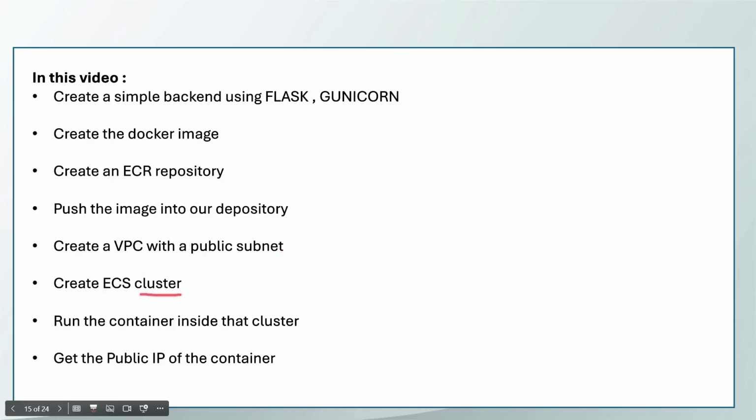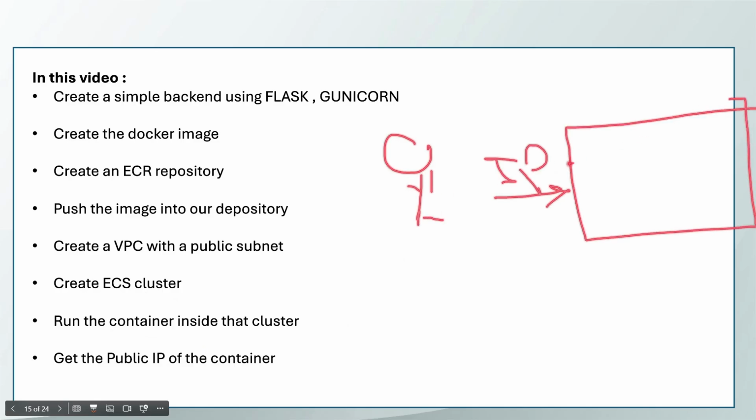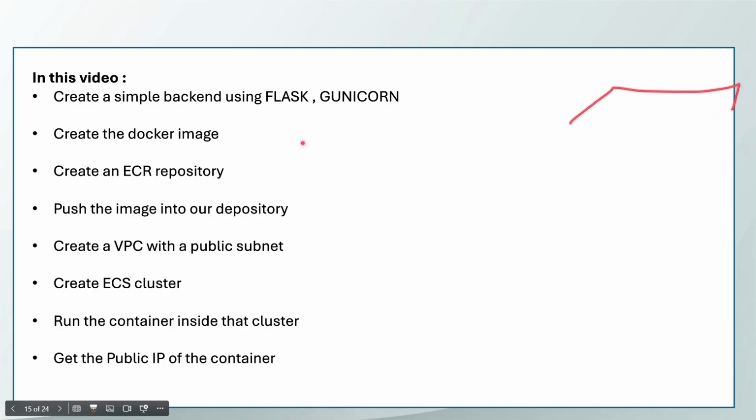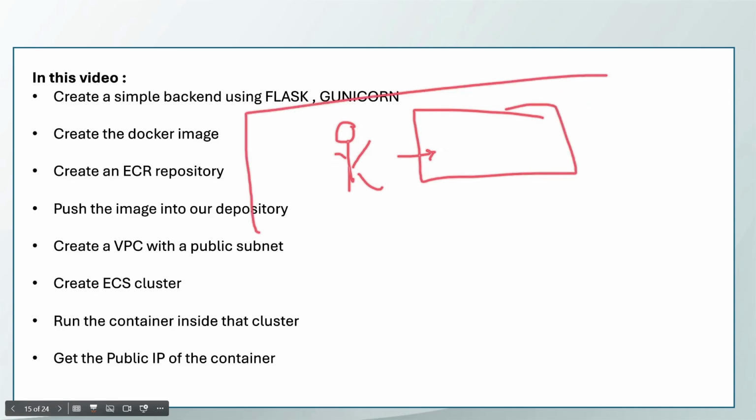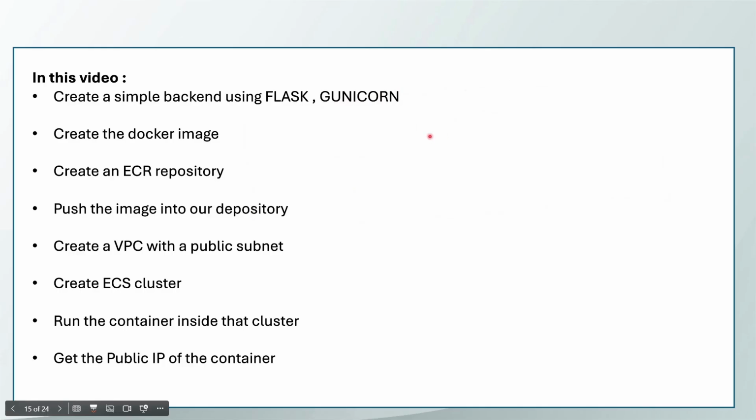We're going to create the cluster, we're going to run the container, get the public IP, and then by the end, we would like to have the user putting the IP and then having the response as HTML on the browser.